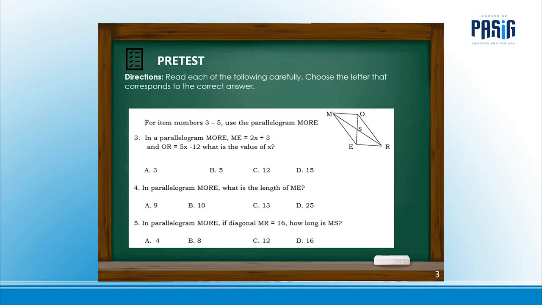Number 4. In parallelogram MORE, what is the length of side ME? A. 9, B. 10, C. 13, D. 25. Timer starts now.